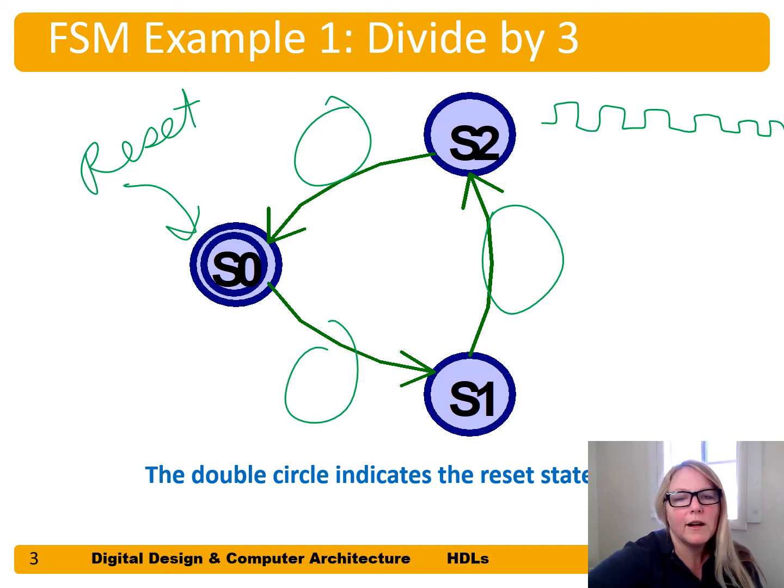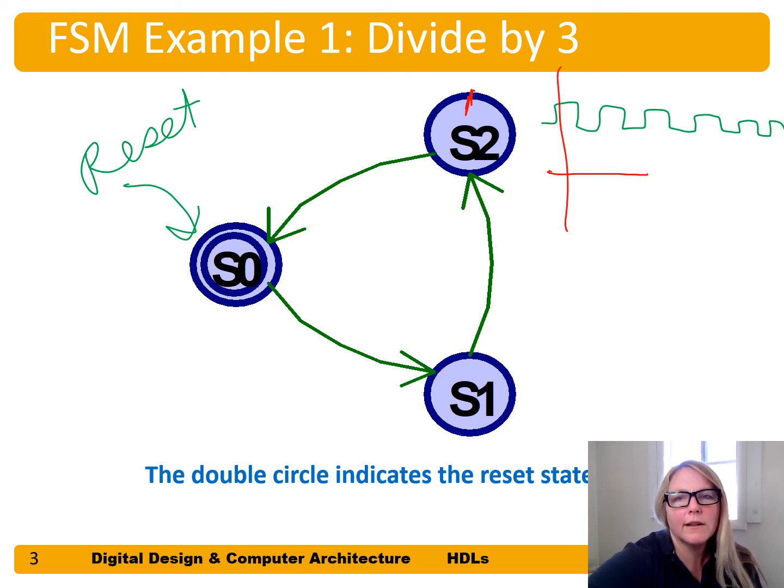So at the clock edge, this simply transitions to a new state, and we get our output being 1 in state 2. It starts in the reset state, S0, so we could write our current state is S0.